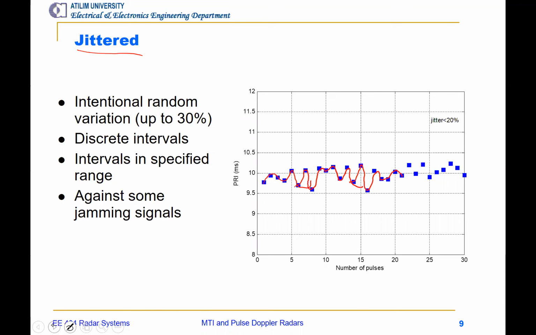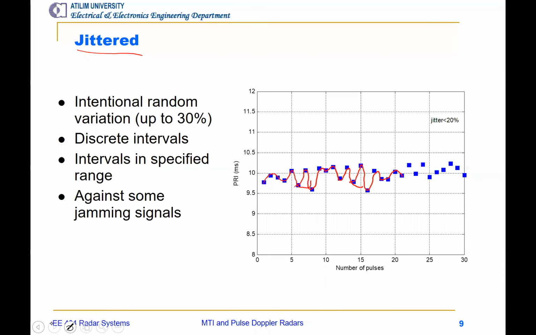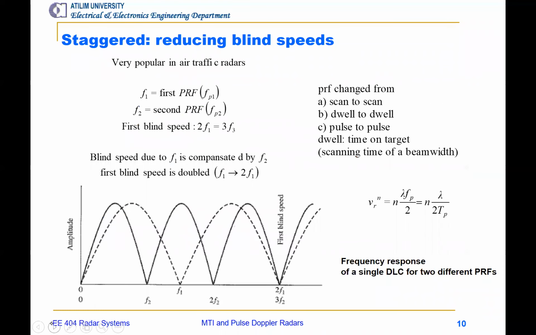Okay, so this was a very short review of PRI types. And now let's look at the stagger PRF, which is a very critical concept in radar systems. As we said earlier, it's used for resolving speed ambiguity, so reducing blind speeds.